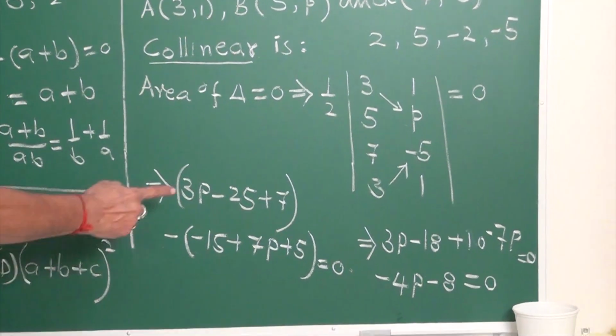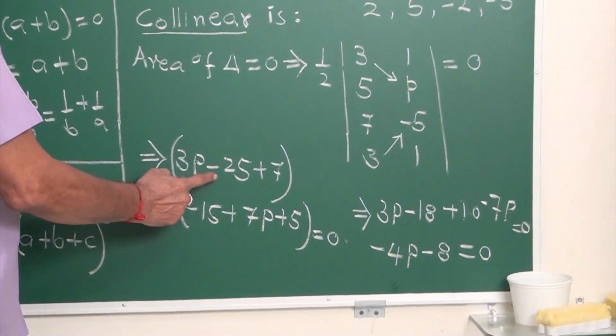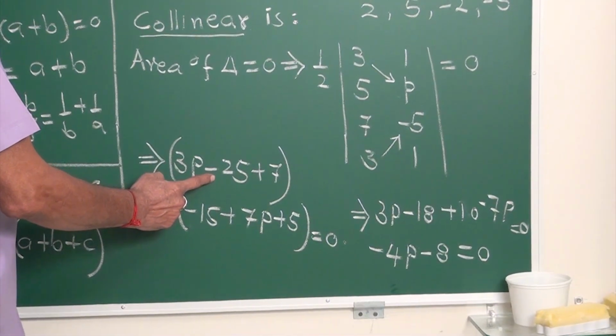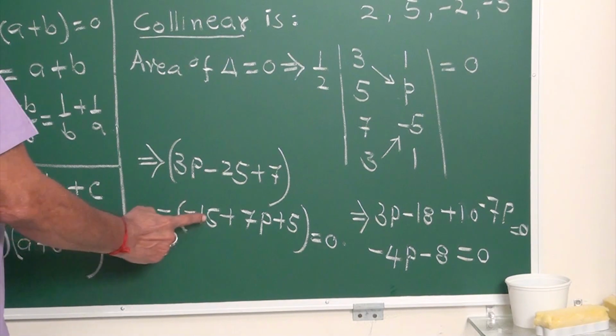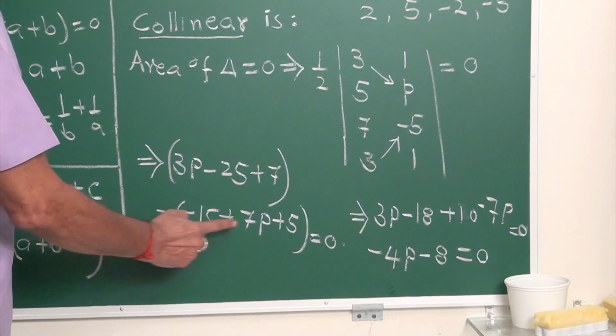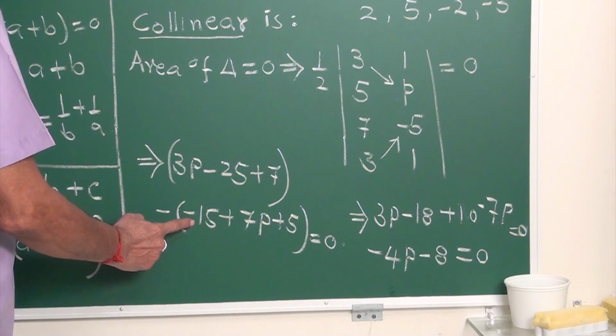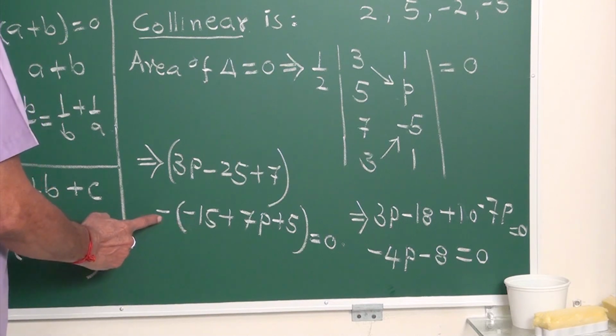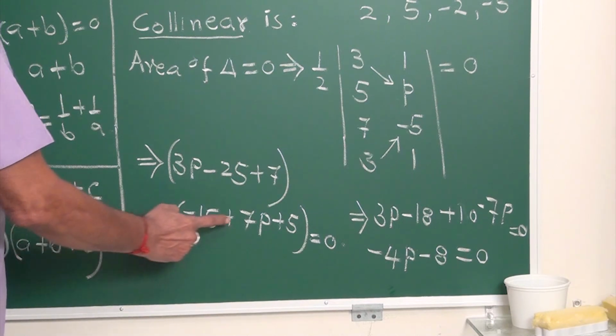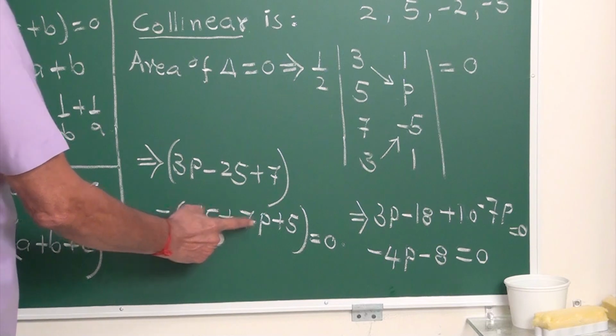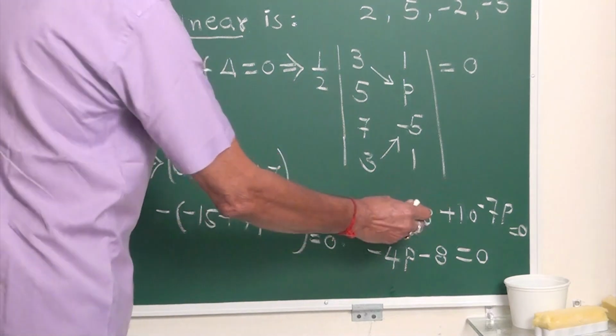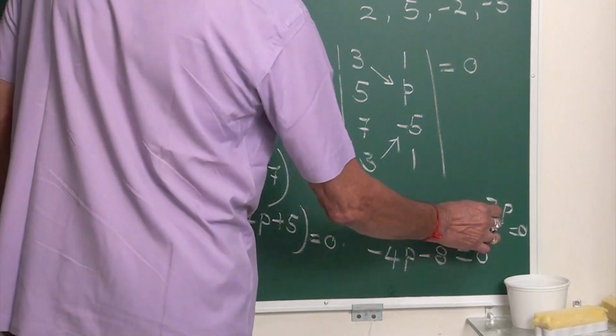Simplify. 3P minus 18. Minus 15 plus 5 means minus 10. Minus 10 with minus is plus 10. Minus with plus is minus 7P equal to 0.